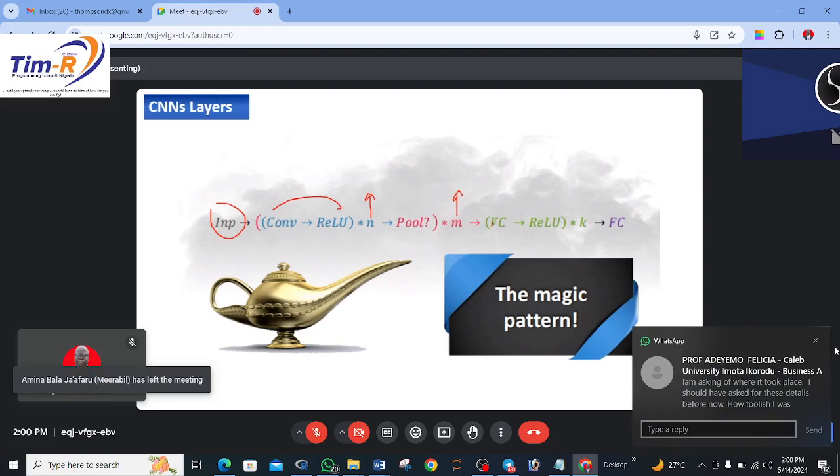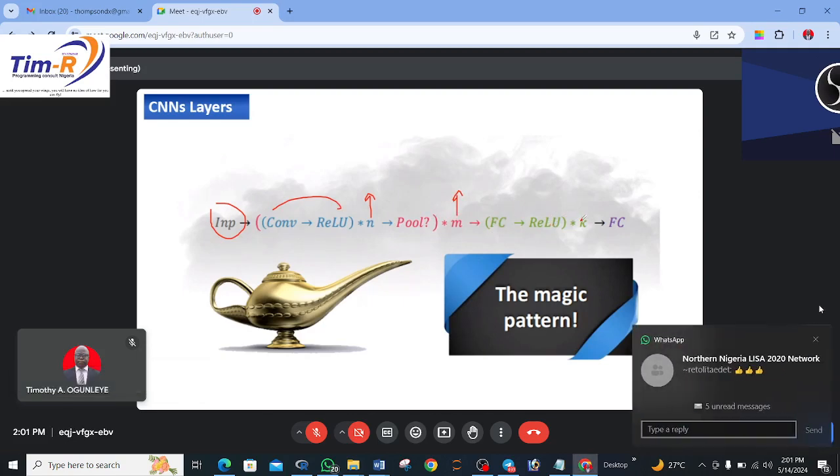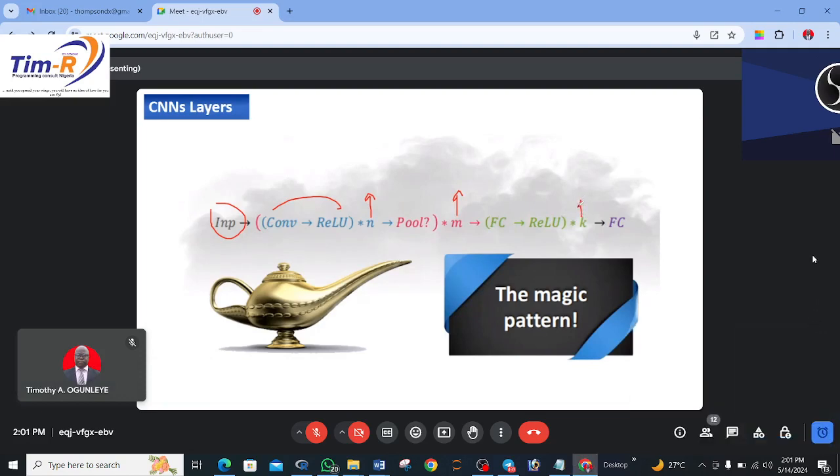Then we have the fully connected layer, which can be used with a ReLU function with a particular number of masks again. Then we have the final output, which is the fully connected layer. So this is a simple mathematical or algorithmic expression for the convolutional neural network.